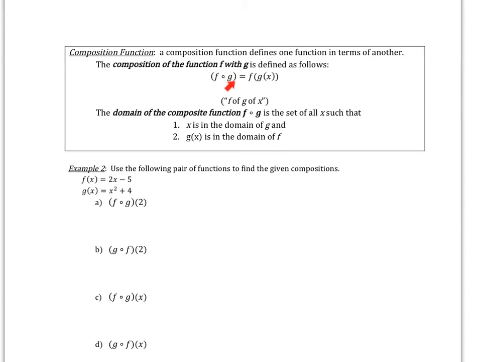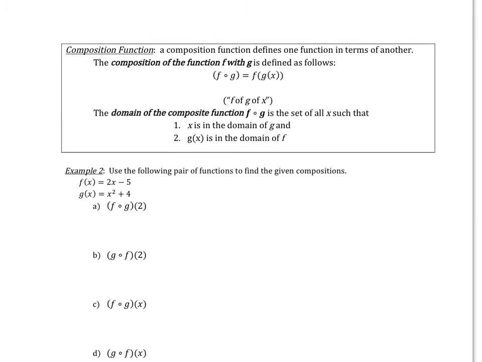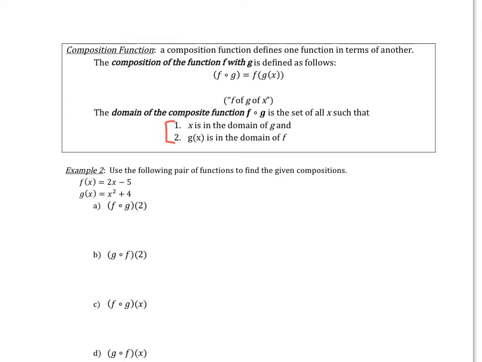This means f of g, or the composition of function f with g. So f composed with g. It's useful to write it this way, which is f of g of x, because we can see that g is getting put into f. And we have to watch out for the domain. We'll see about that in a bit here.